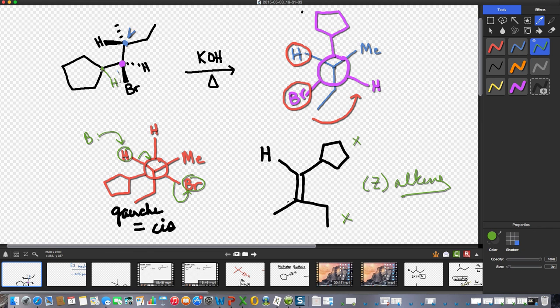And you would do the same thing again. You will have to do this on your final examination, so it's a worthwhile skill to practice: translating it to a Newman, doing the proper rotation, predicting the major alkene that's going to result.